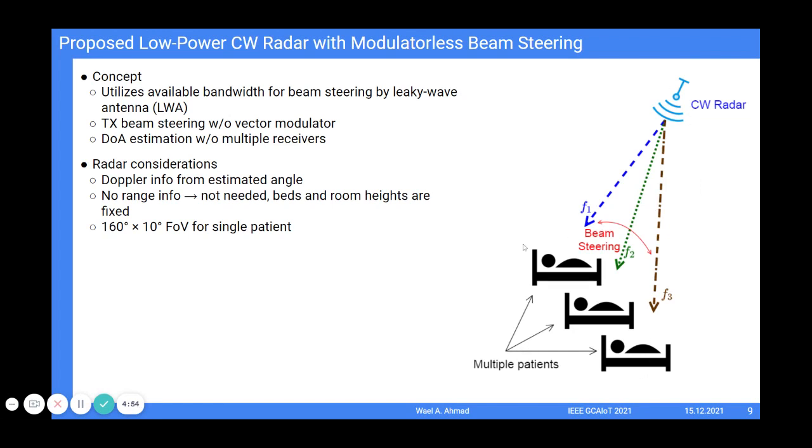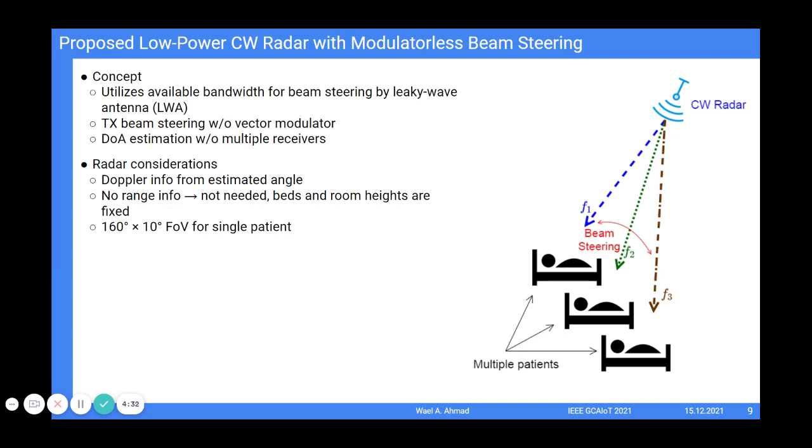Suppose a multi-patient hospital room with multiple beds. The room height is fixed and the bed heights are also fixed. So the range information is not important, but the most important thing is measuring the vibrations or the vital signs from these patients.